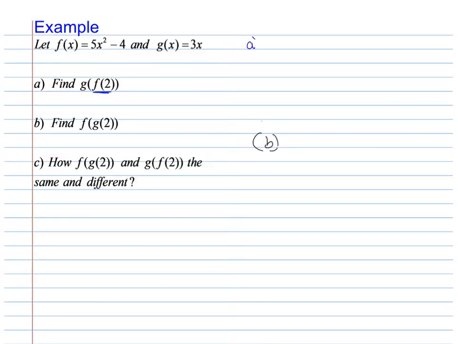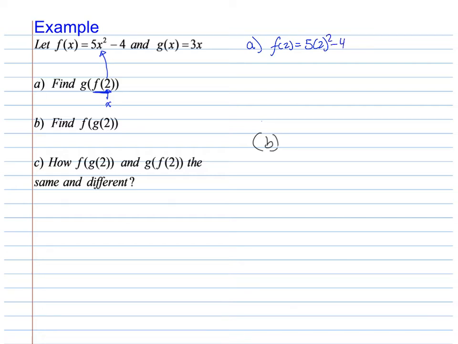So for A, we have g composed of f of 2. That 2 is our new x, so wherever I see an x in the f function, it becomes 2. When we plug it in, we have 5 times 2 squared minus 4.